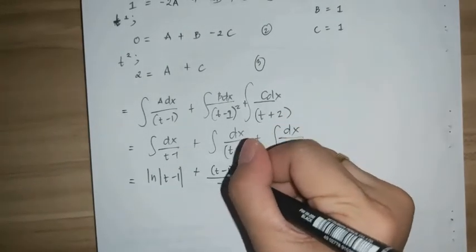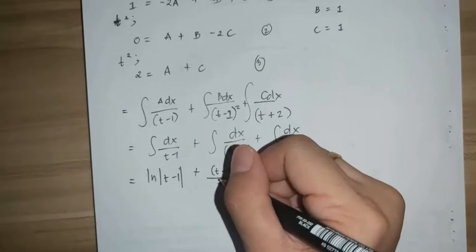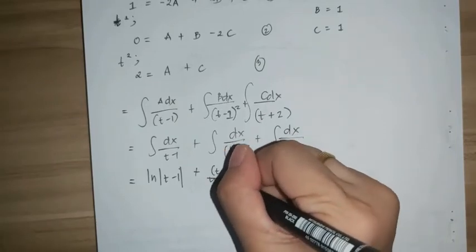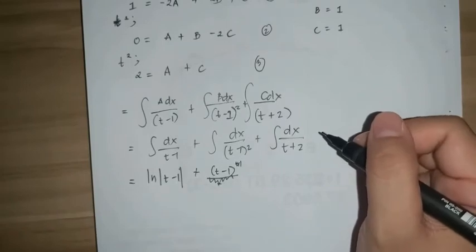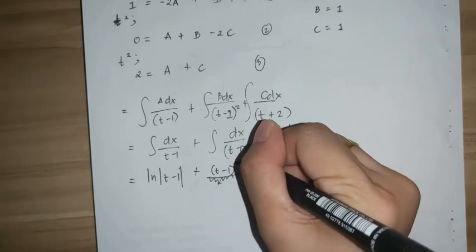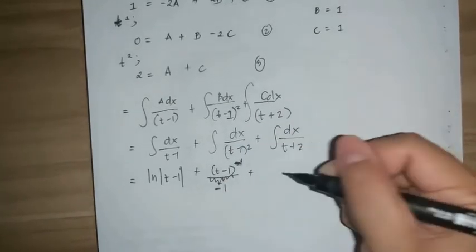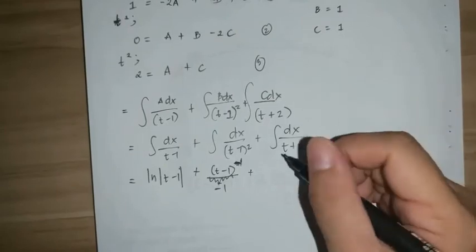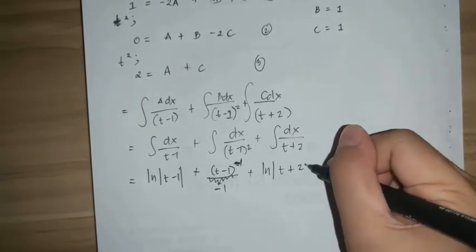We just have 1 here. Negative 1, sorry. Right, negative 1, because it goes to the top also. We have negative 1 plus ln of t plus 2 plus c.